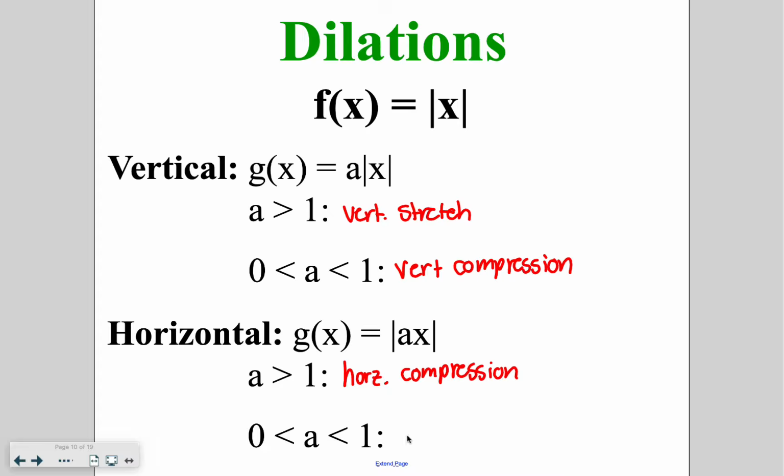And when it's between 0 and 1, it is going to be wider. So once again, this is the same stretch piece that we had with the linear functions. So the rules for linear functions when you were multiplying, whether it was bigger than 1, smaller than 1, inside or outside the pieces, is going to apply to these absolute value functions.